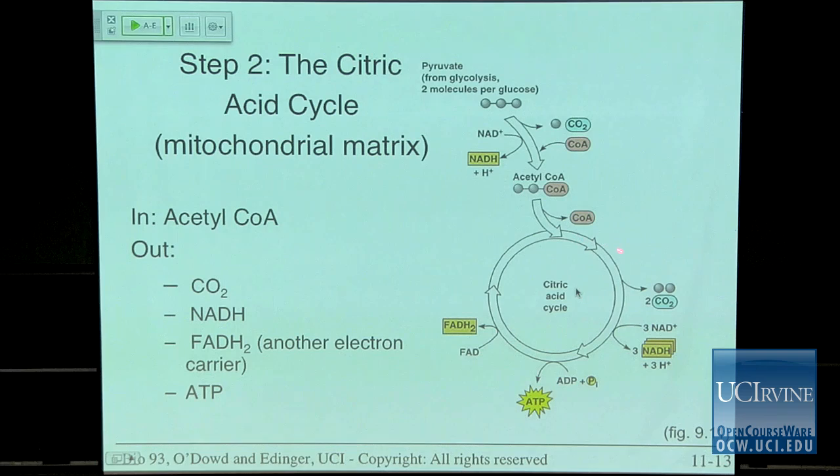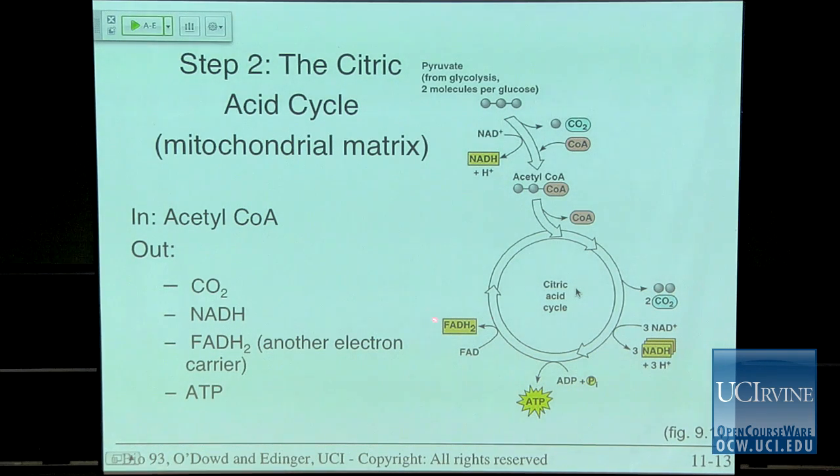Now acetyl-CoA goes into the citric acid cycle, and what I want you to know about this process is, first, we're producing CO2. Second, we're producing lots of electron carriers. NADH, here we have 3 NADHs. Those are going to take electrons to the electron transport chain. We do a little substrate phosphorylation, so we get a little bit of ATP out of this process as well.